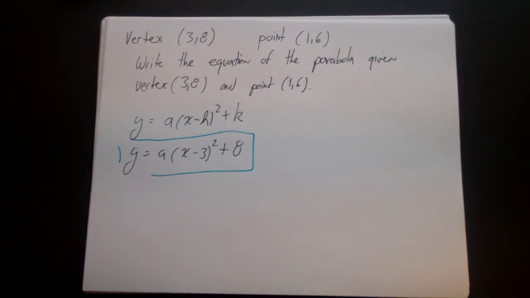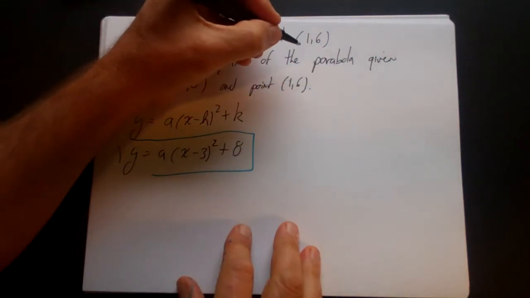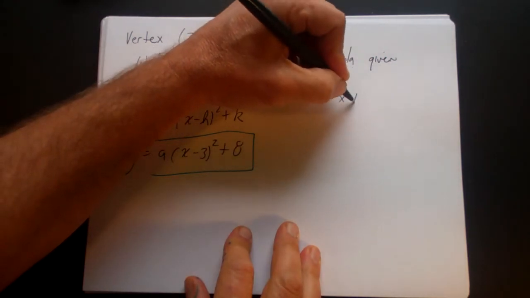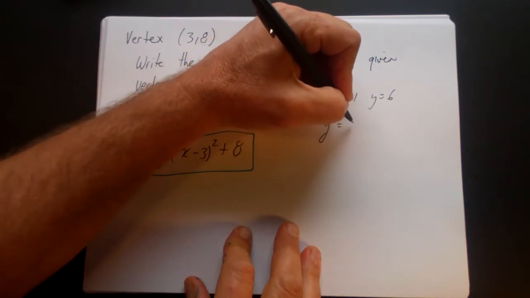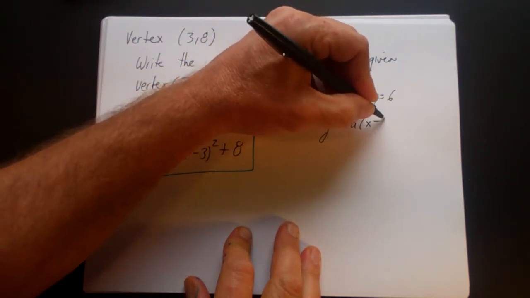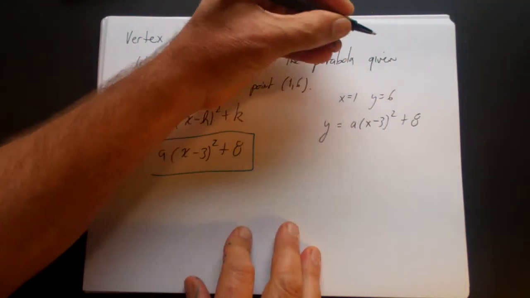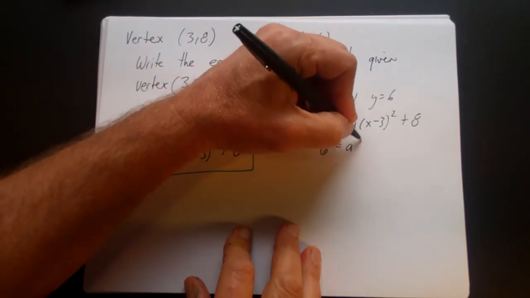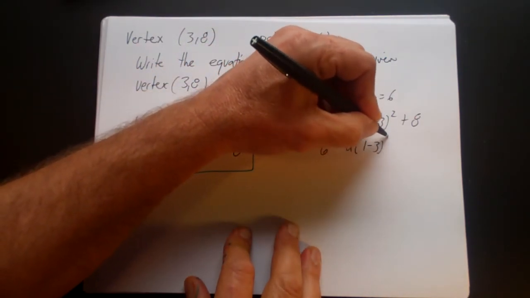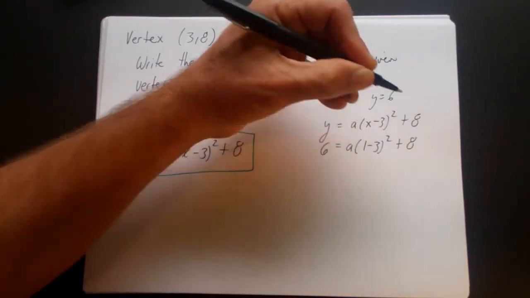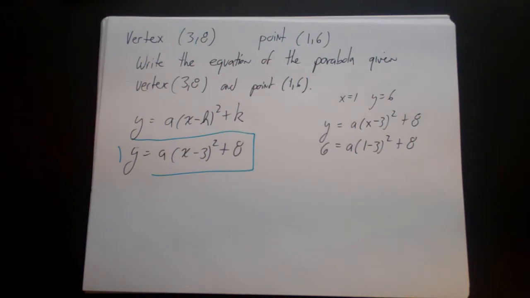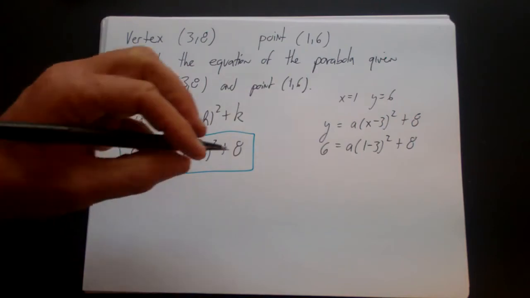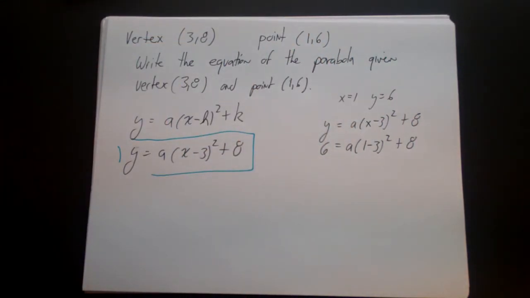Now what I'm going to do is temporarily plug in the point. So that's x is 1 and y is 6. So I'm going to plug into y is equal to a(x minus 3) squared plus 8. That's 6 is equal to a(1 minus 3) squared plus 8. And if you notice, I now have an equation where the only unknown is a. And since the only unknown is a, I can just solve for a. Remember my PEMDAS rules here.